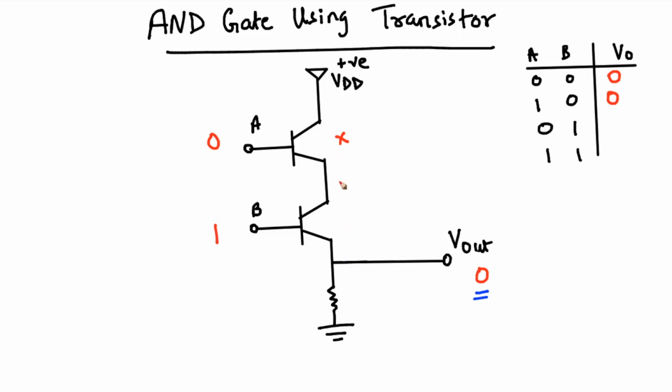So this guy is on, but this one is still off. So the voltage still can't reach the output. This output will be 1 only when both of its inputs are 1. So this guy is on and the voltage can reach the output now. So the output will be 1.